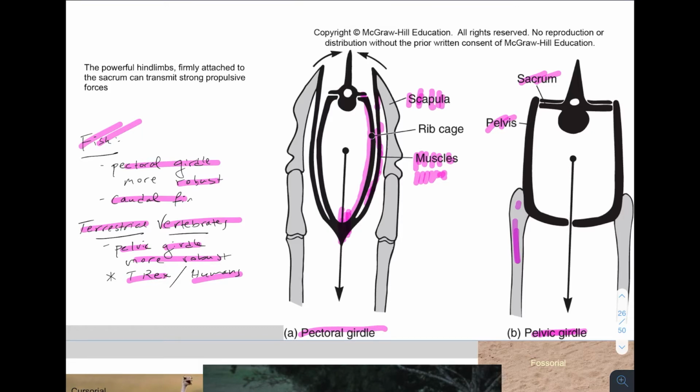You have much less mobility in your legs than in your arms, much less flexibility in your legs than in your arms. In terms of, if you want to think about clinical human medicine, which joint gets dislocated more commonly? It's going to be the shoulder joint versus the hip joint. And that's because of this much less robust attachment.